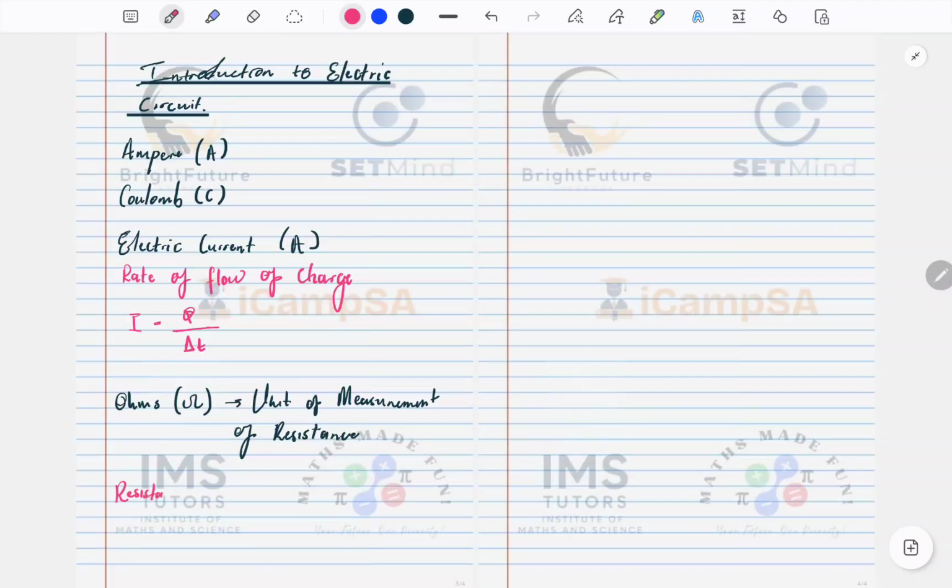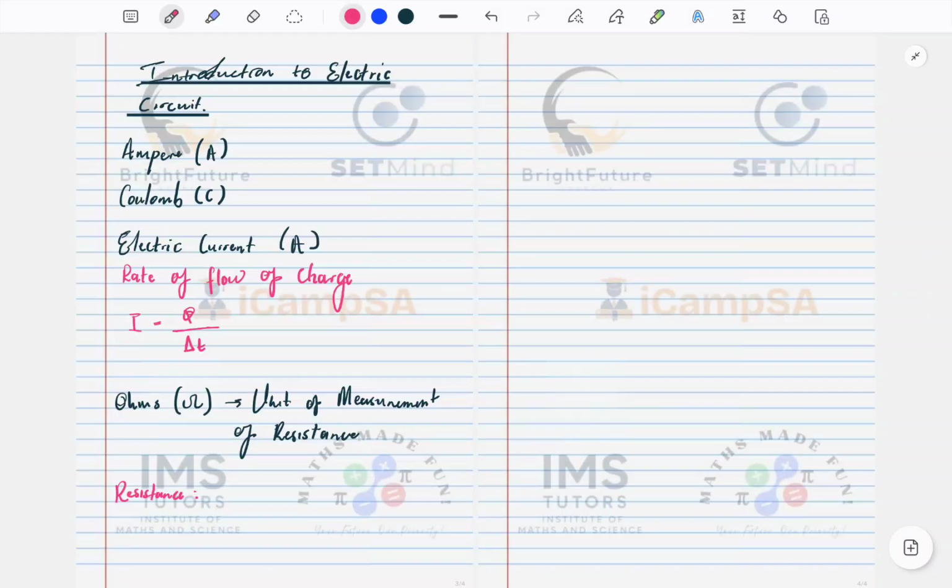So what is resistance? Resistance is actually something we can represent as a ratio of the potential difference and current, in terms of Ohm's law.